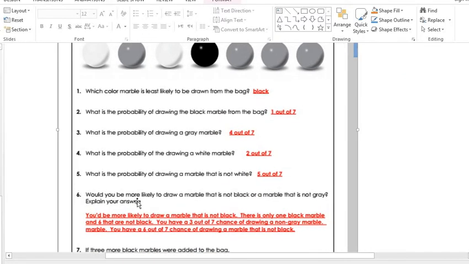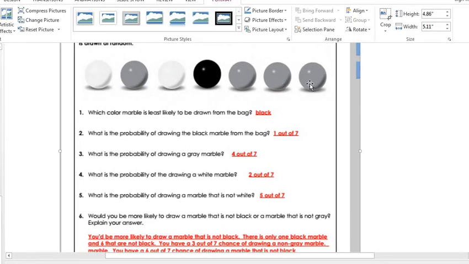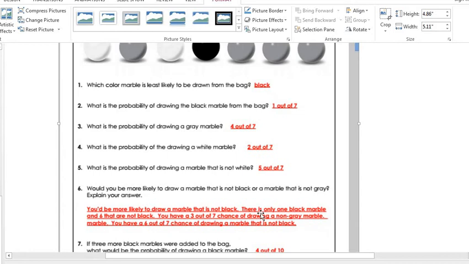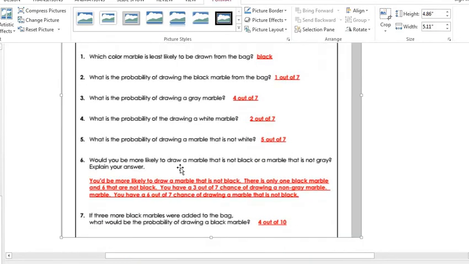Would you be more likely to draw a marble that is not black or a marble that is not gray? Explain your answer. That's not black. How many? 6. 1, 2, 3, 4, 5, 6, right? And that's not what here? Gray? That's not gray. So 1, 2, 3. And the question was what?